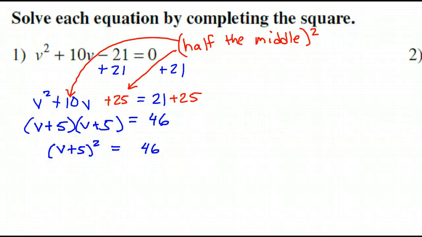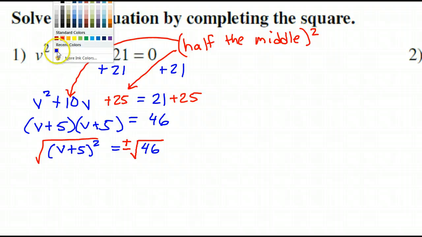Now, we can unsquare this by taking the square root. So if I take the square root of both sides of the equation, that is allowed. Please remember, whenever you take the square root of both sides, the answer will be positive or negative, plus or minus, two solutions right now.